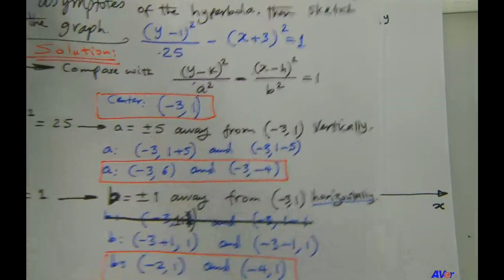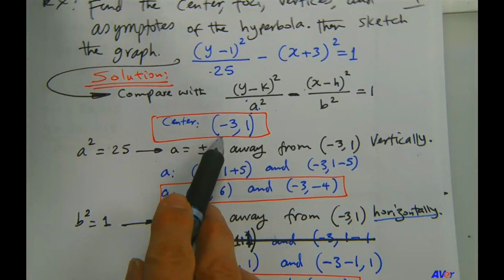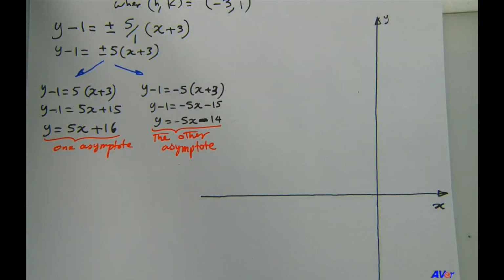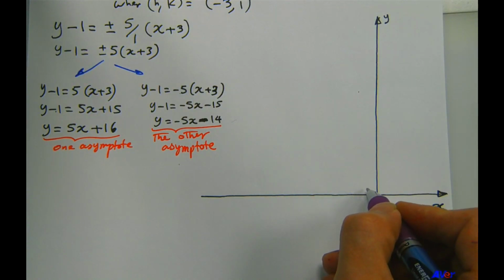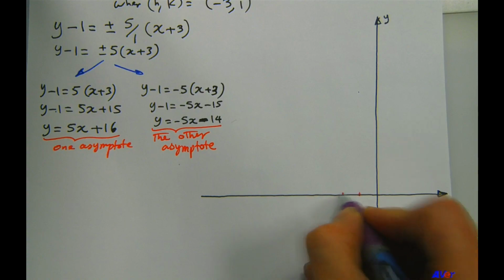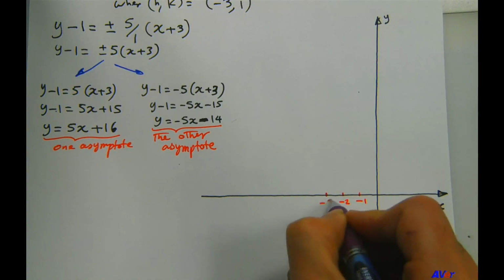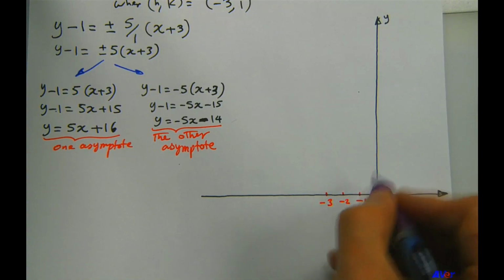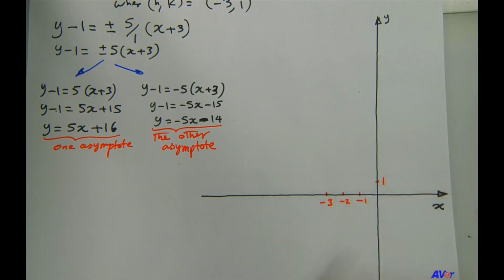So the first thing I'm going to plot is the center. It's going to be at negative 3 comma 1. And I will show that. So negative 3 comma 1 would be negative 3, and 1, that would be 1.